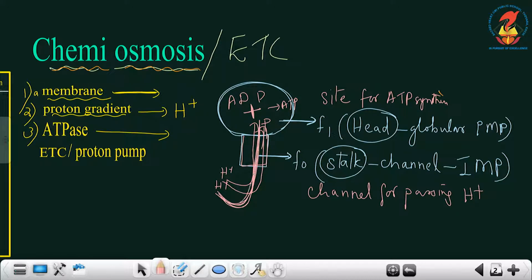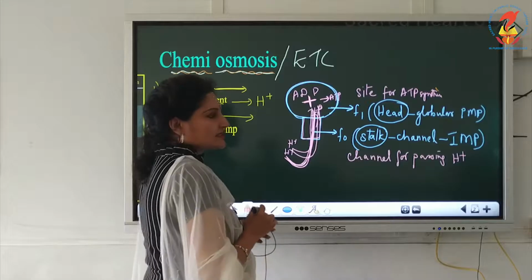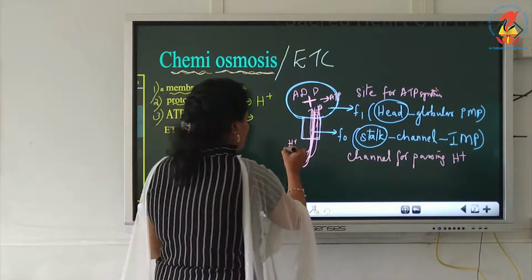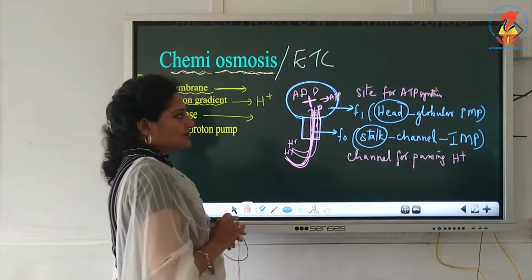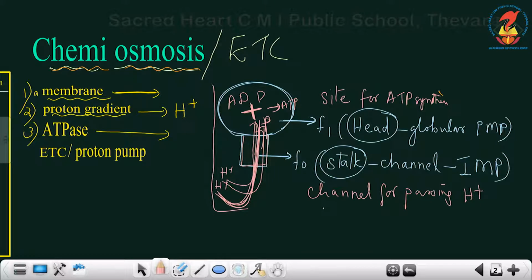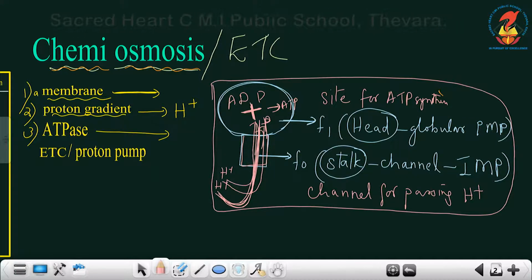And remember, when the proton passes, this reaction occurs, as ADP gets coupled with P to form ATP. So it's very, very important that the proton passes. Only when the proton passes and reaches here, ADP couples with P to form ATP. So this is the structure of ATPase.